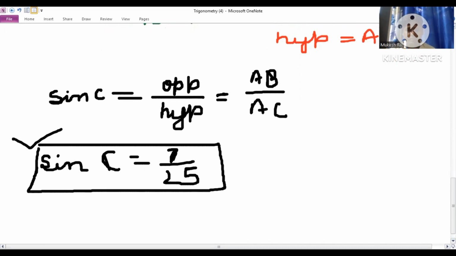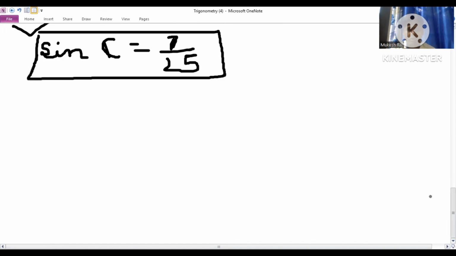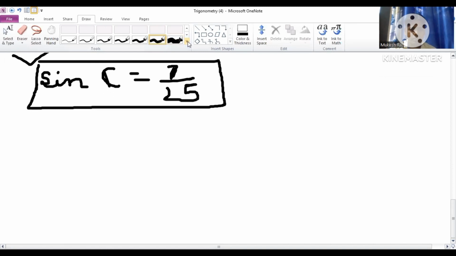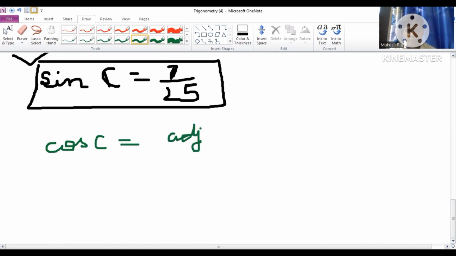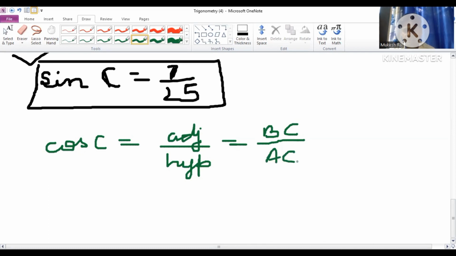Similarly, we can calculate the value of cos C. So the value of cos C will be, we know that cos of any angle is equal to adjacent upon hypotenuse. And adjacent over here is nothing but BC, and the hypotenuse remains the same, because in a right angle triangle the hypotenuse will never change, and that hypotenuse is AC.